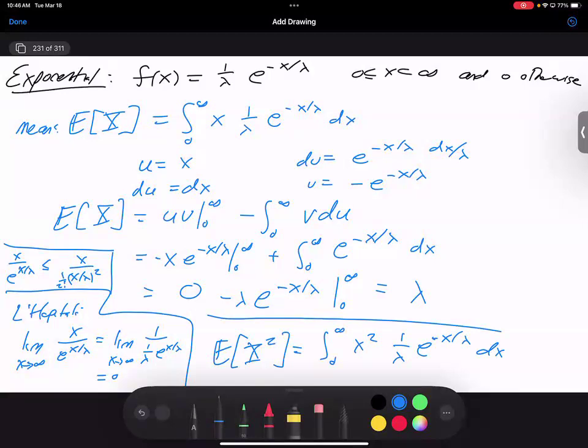Still integration by parts. How many times would you have to integrate by parts? Twice. The first time you would take the x squared as your u, and that would go down to 2x dx. You would have to integrate by parts twice. It's not that bad. You can do it.